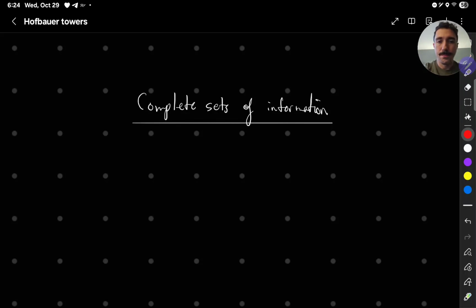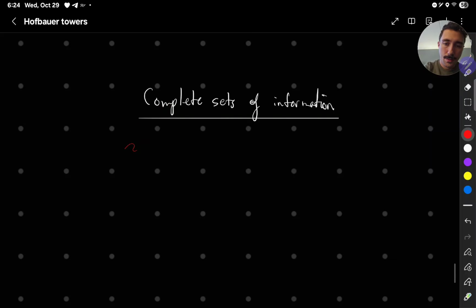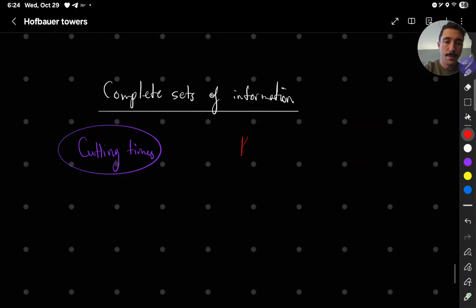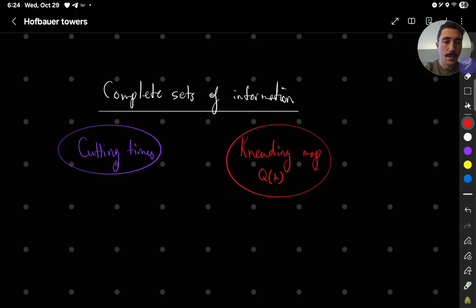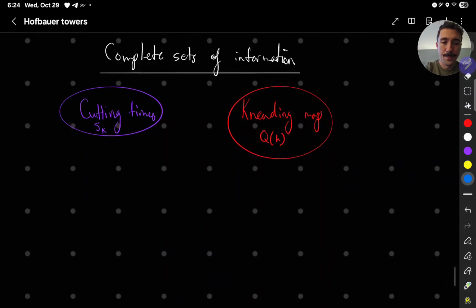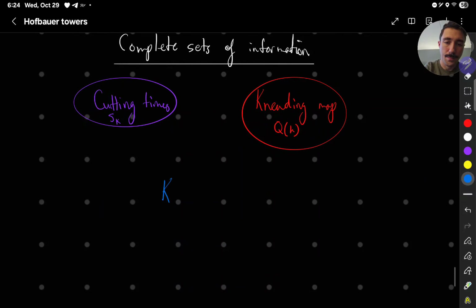As far as entropy goes: cutting times, kneading map, Q, QK, and I should write this is SK. And lastly, the kneading sequence.